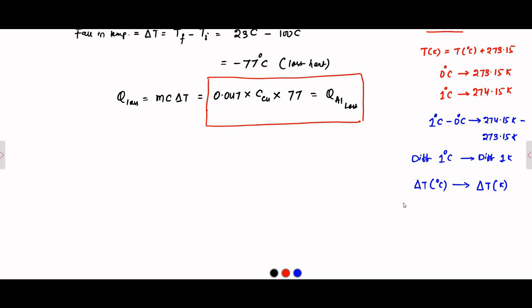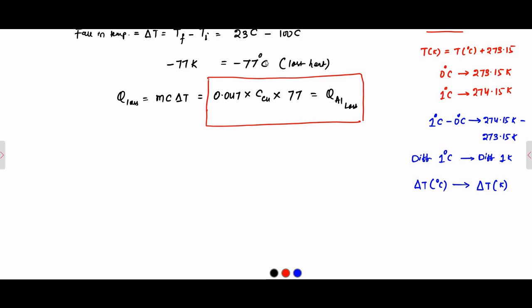An increase or decrease of 1 degree Celsius is the same as an increase or decrease by 1 Kelvin. So when we say that the temperature fell by 77 degrees Celsius, it also means that the temperature fell by 77 Kelvin.